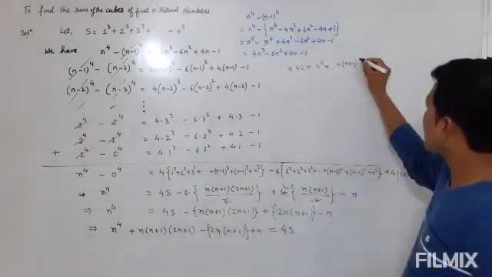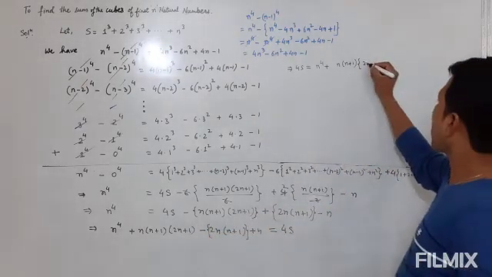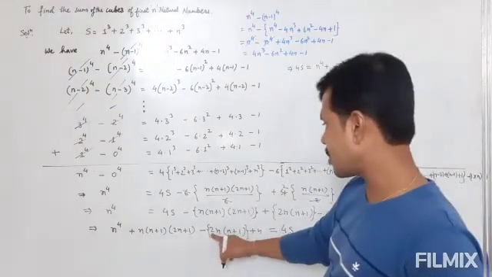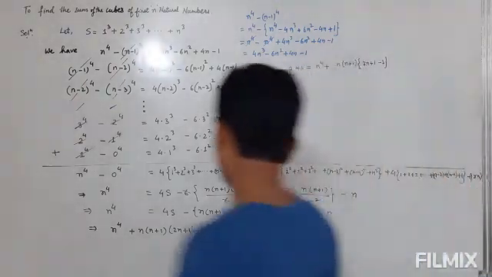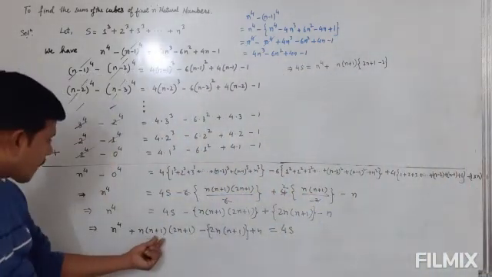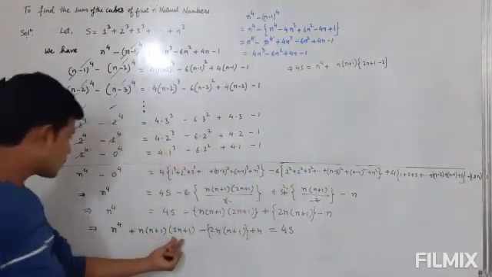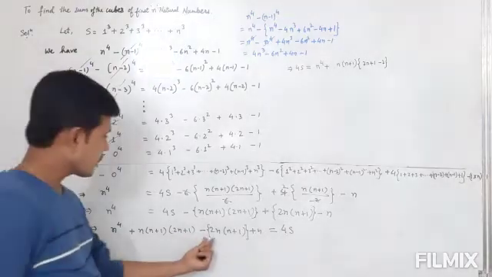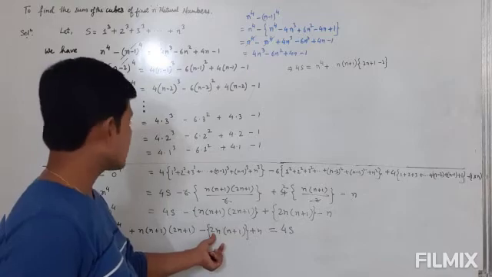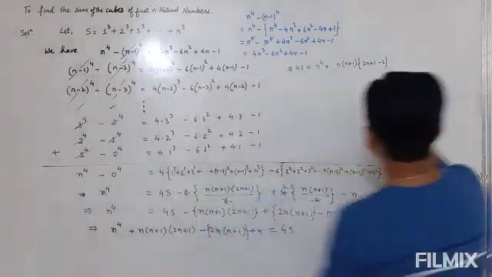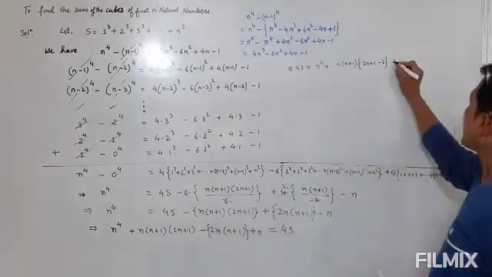And inside the bracket, you are left with 2n plus 1, and this is equal to this minus 2. You got it clear? I have taken n into n plus 1 common, so I am left with 2n plus 1, and I have only 2 left inside the bracket, right? Okay. Then one more n is over here. Leave this n as it is.